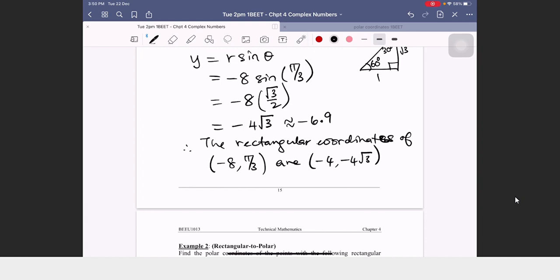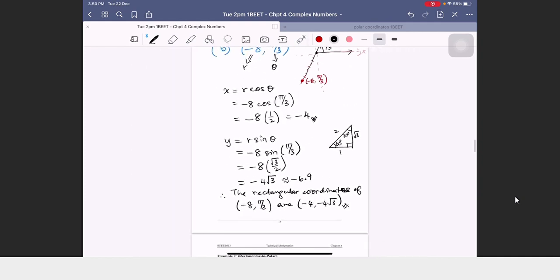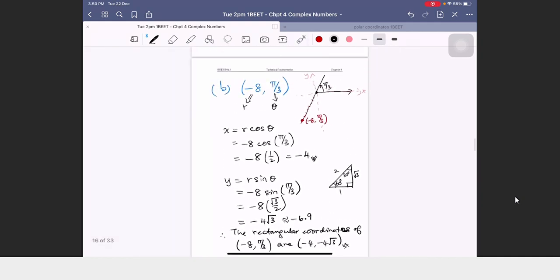You better use decimal. Don't round to the whole number. This is from polar to rectangular coordinates.